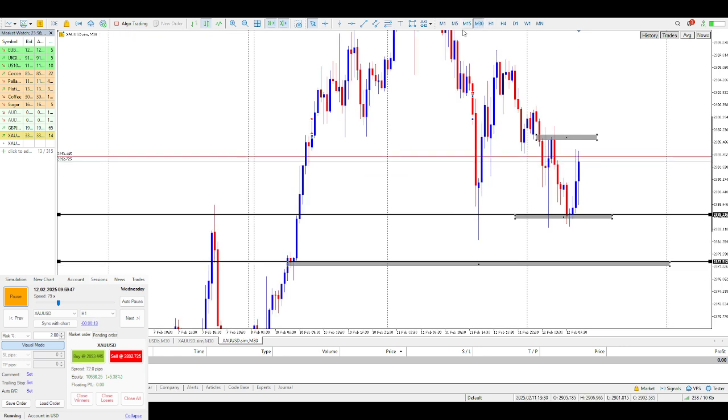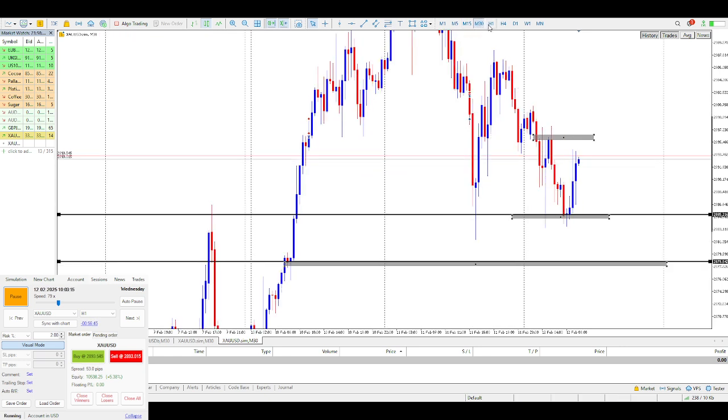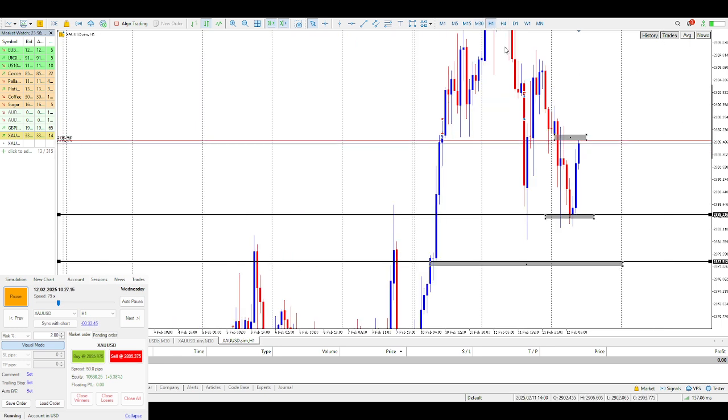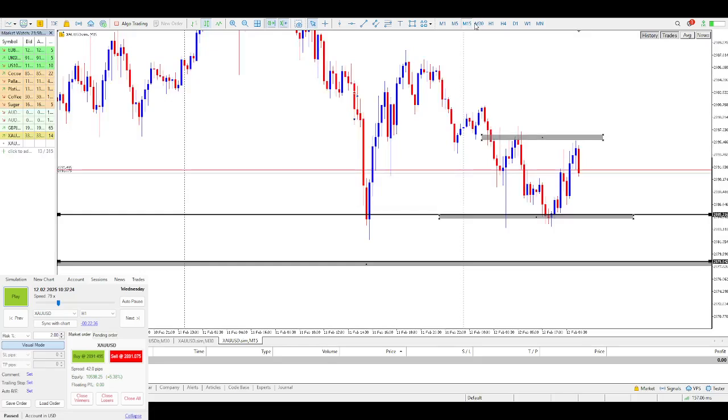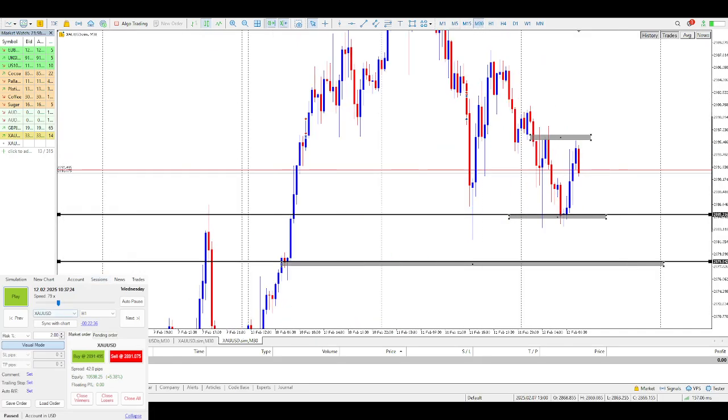Basically nothing. Yes, this could be a good pullback. You can see this candlestick closed below this resistance here on the 1 hour time frame. On the M15 time frame, yes, I'm going to wait for an M30 setup.